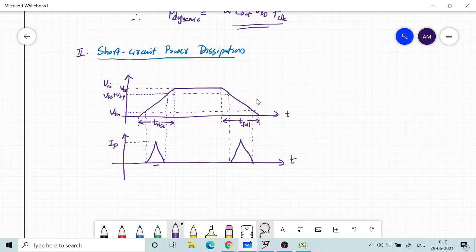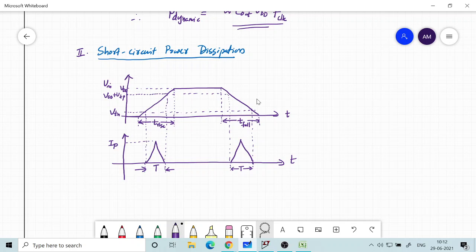Let's assume that the period for which the current flows is equal to T. It need not be the same for rise and fall, but let's assume that it is, to simplify the analysis. Otherwise we have to take it as T1 and T2 and do it.